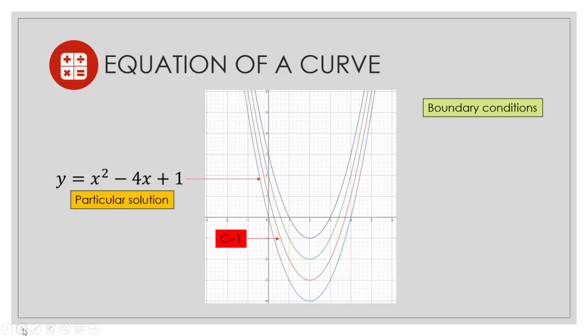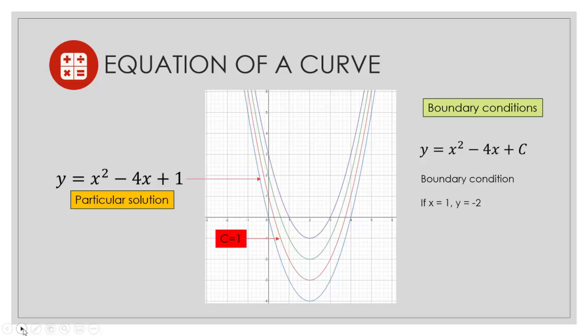To illustrate how boundary conditions help us in determining a particular solution, let's go back to the general solution corresponding to this family of curves. One boundary condition that is true for the particular solution that we are trying to find is that when x is equal to 1, y equals -2.